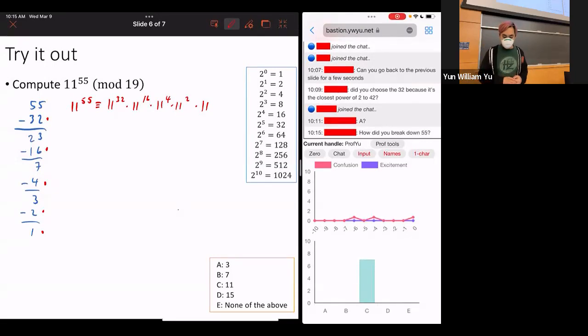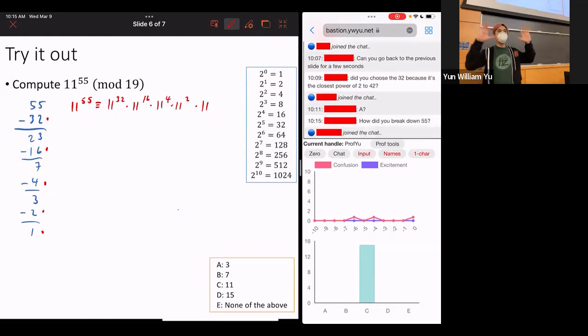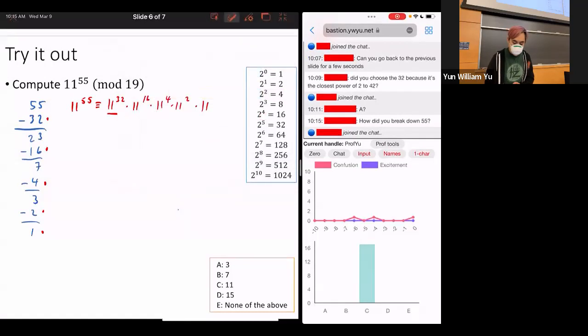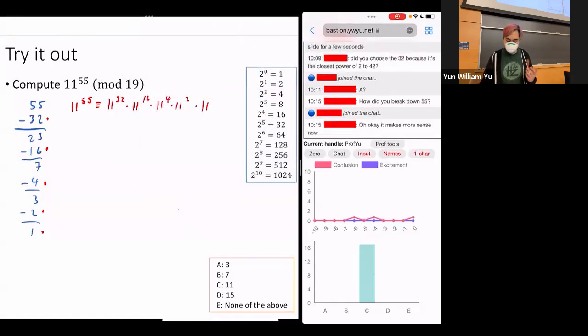And how did you break down 55? Well, you just keep on subtracting out the biggest power of 2. The biggest power of 2 that's smaller than 55 is 32, so you're left with 23. Let me write that out a little bit more. After you take out this piece, you're left with 23. And then you keep on taking out powers of 2 until you're left with just the 1.